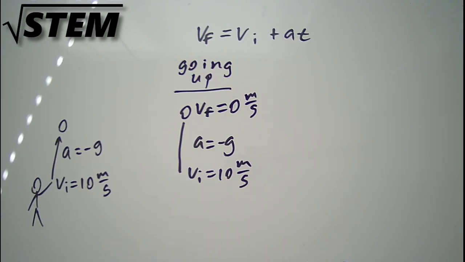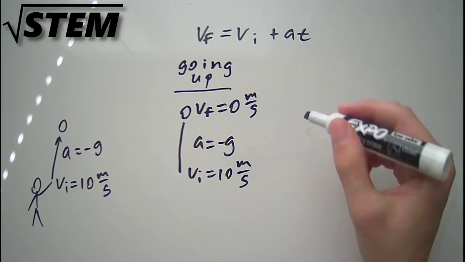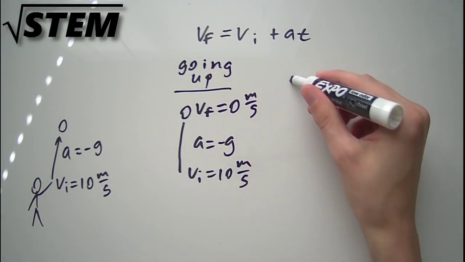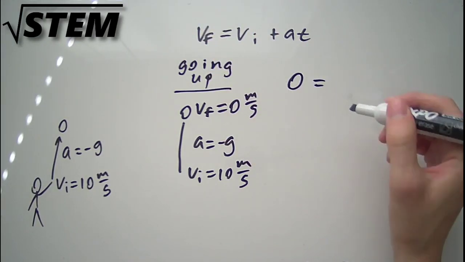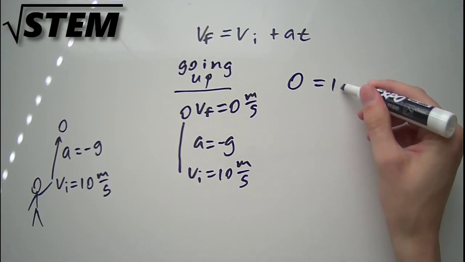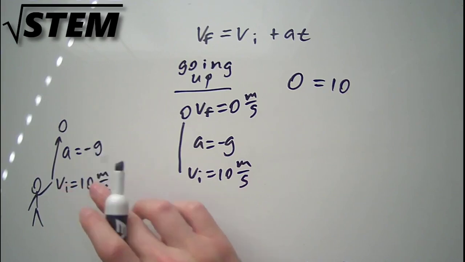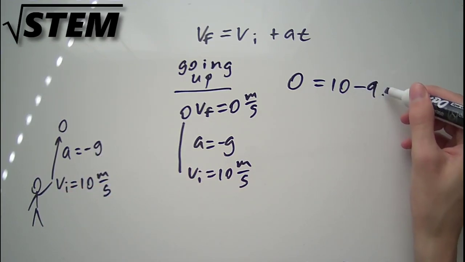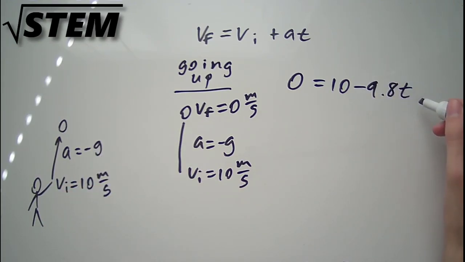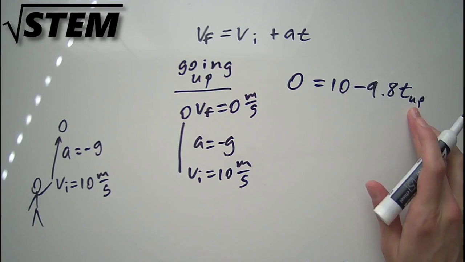So we'll say that v final 0 is going to equal v initial of 10 minus 9.8 times the time it takes to go up. And now we can solve this for the time it takes to go up.